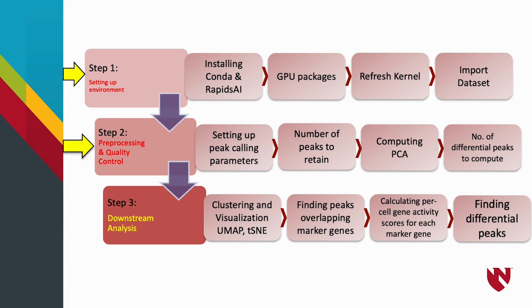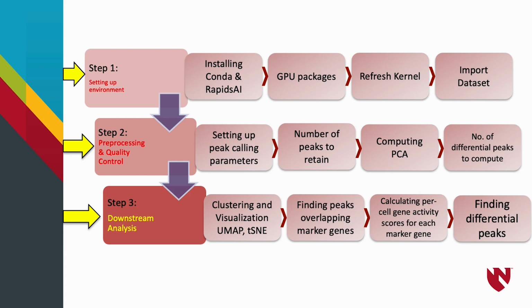In step 2, you will carry out essential pre-processing and quality control measures to ensure the integrity and accuracy of your data. This includes setting appropriate peak calling parameters and utilizing techniques such as principal component analysis to reduce dimensionality and enhance data interpretation.